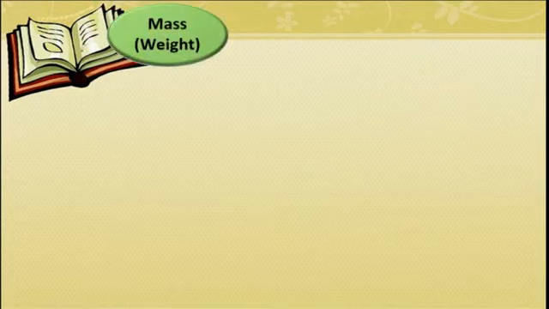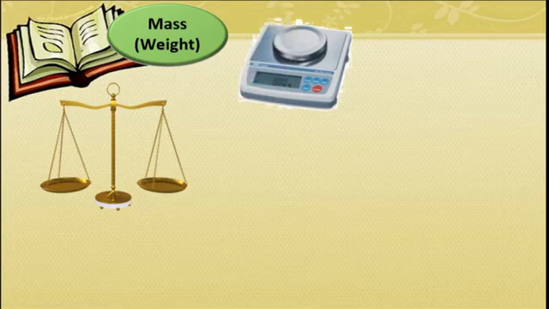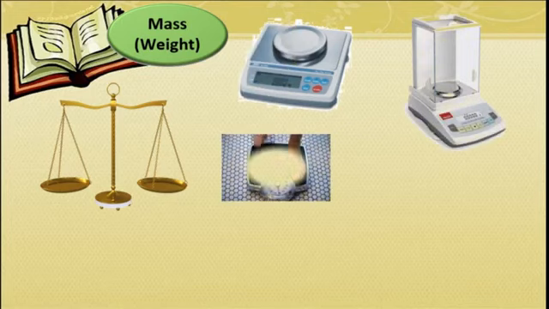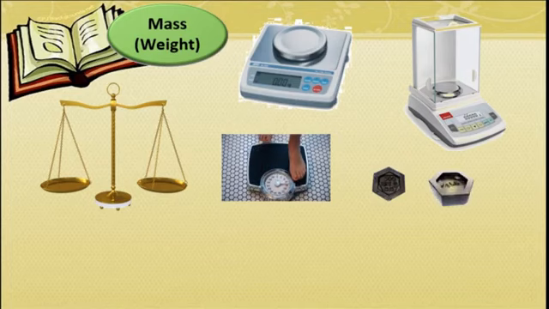Measurement of mass or weight. Okay, here we use balance scale, of different types, that is electrical and digital balance we use to measure the weight or mass of an object, right? And we use standard weights of different measures to measure the things, isn't it?